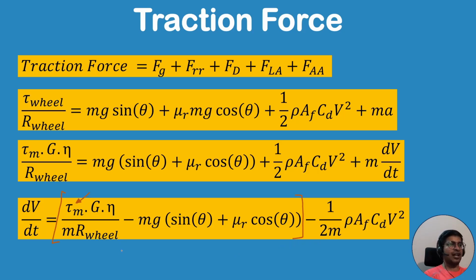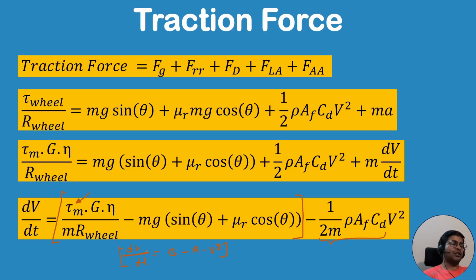So we can rewrite this differential equation as dv upon dt equals b, which is the name I give to this constant, minus a, the name of this other constant, into the square of the speed of the vehicle. So this becomes a very simple differential equation which we can solve.